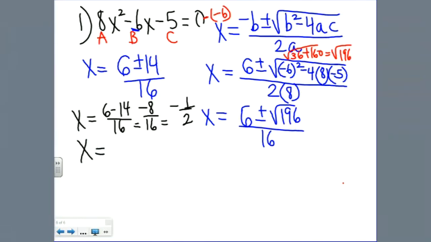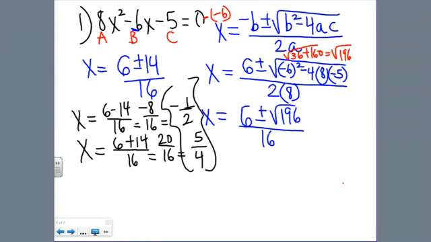To get the other answer, we do 6 plus 14 over 16, and that gives us 20 over 16. When we reduce that fraction by dividing both numbers by 4, we end up with 5 over 4 for the other answer. So negative 1/2 and 5 over 4 is our solution set.